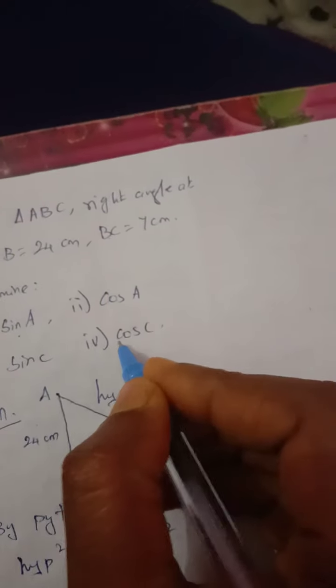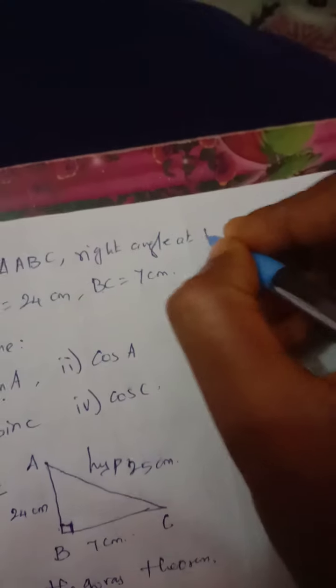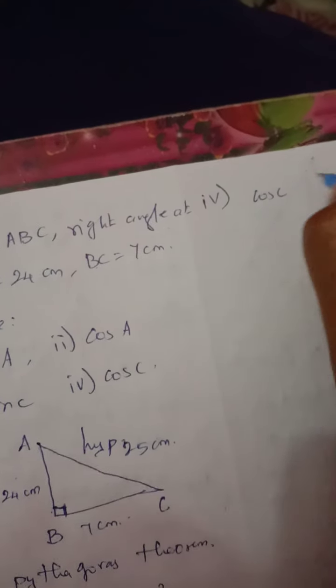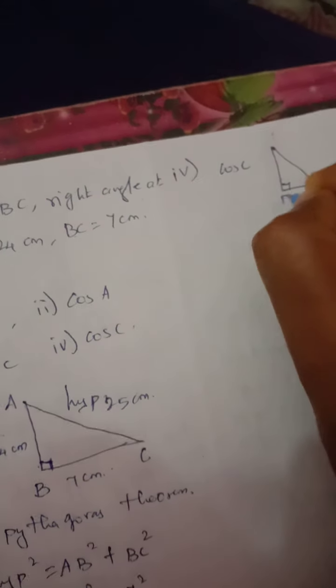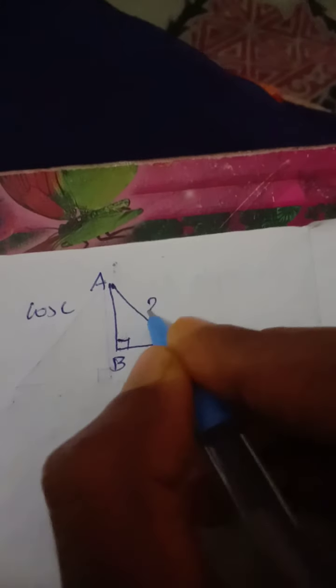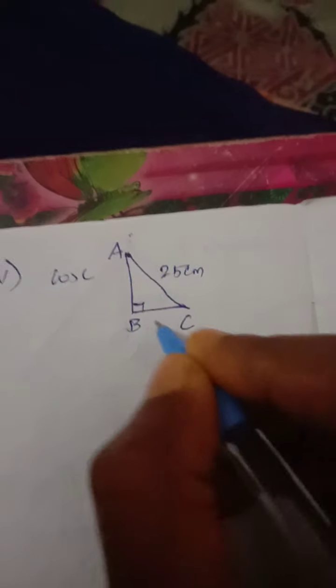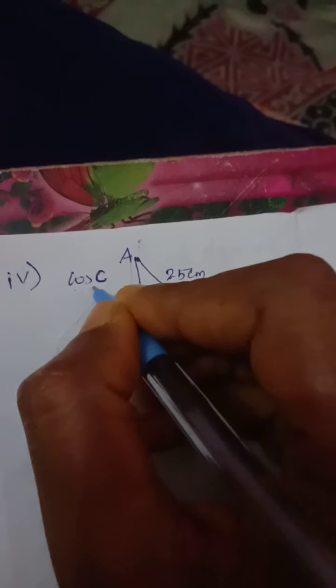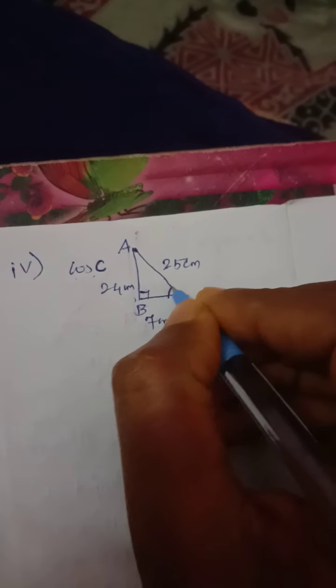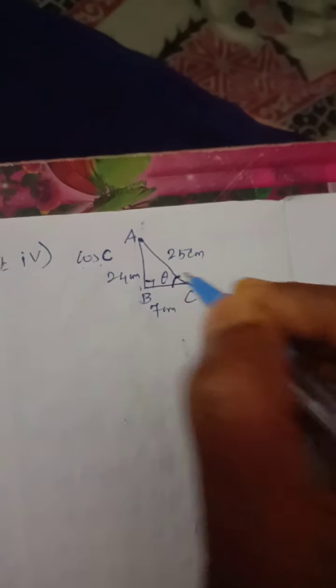So that is point number 1. Point number 2 you do by yourself. I'll tell you point number 4. Point number 4 is cos C, which means again draw a right angle triangle. Note down all the values which are already there in the actual diagram. The hypotenuse does not change, and this BC is 7 centimeter, AB is 24 centimeter. Here it is given as cos C, which means the angle is forming here. Then here you will form theta.